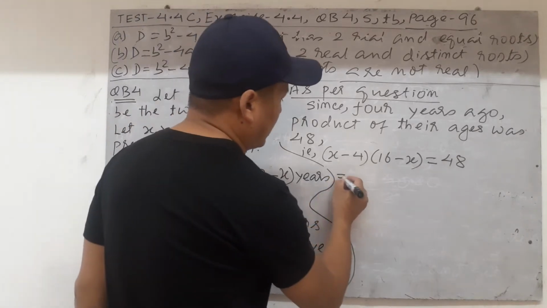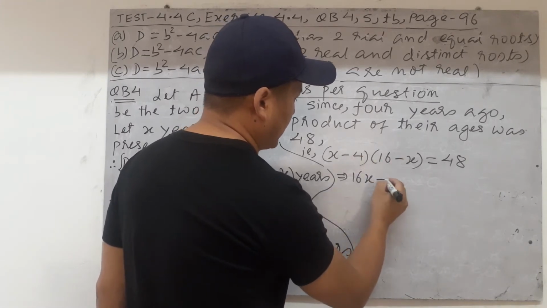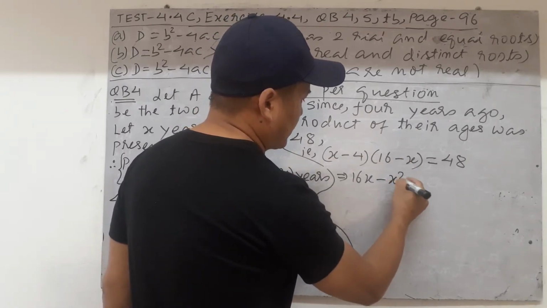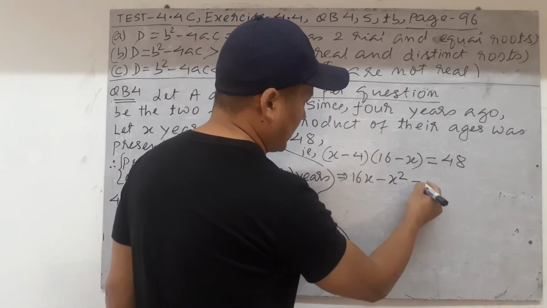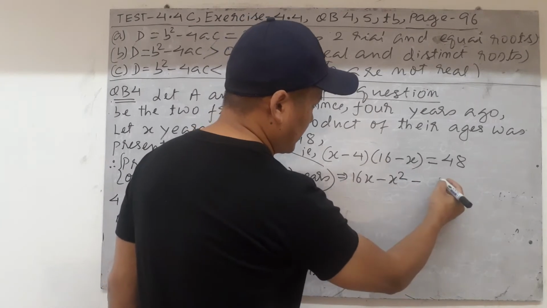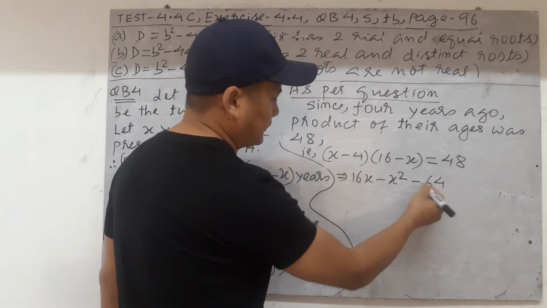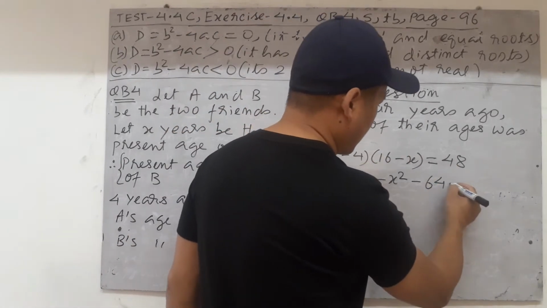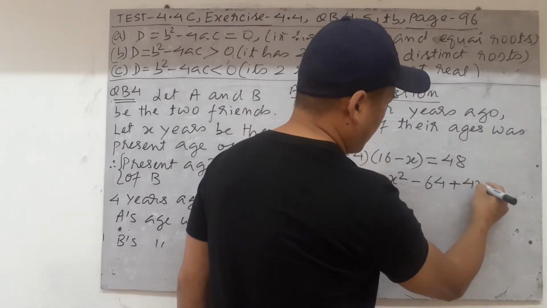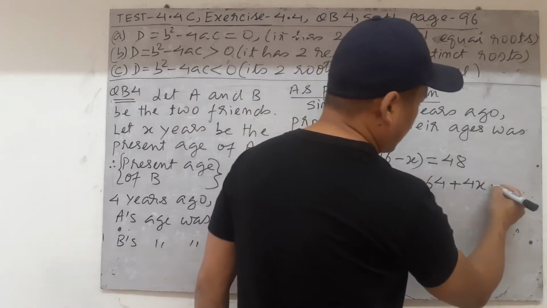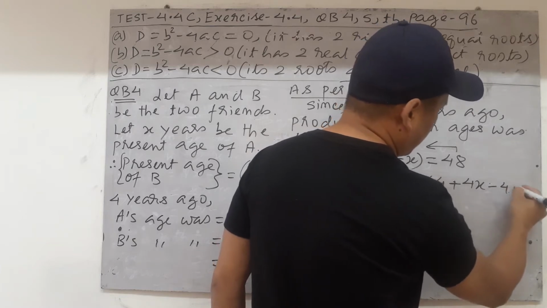So when we multiply this, break up these brackets, x into 16, 16x, and plus into minus, minus, x into x is x squared. Then multiplying these two, minus into plus, minus 4 into 16, 4 sixes are 24, 4 ones are 4 plus 2 remainder, 6, 64, 4 into 16, and minus the minus is plus, and then minus 4 into x is 4x.